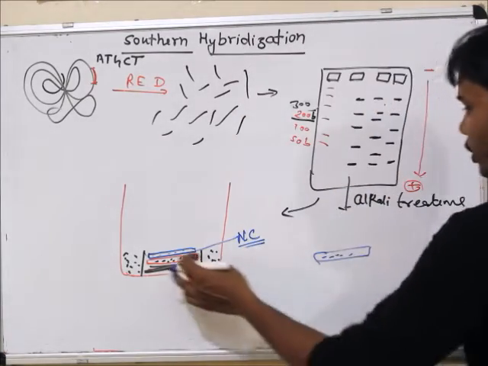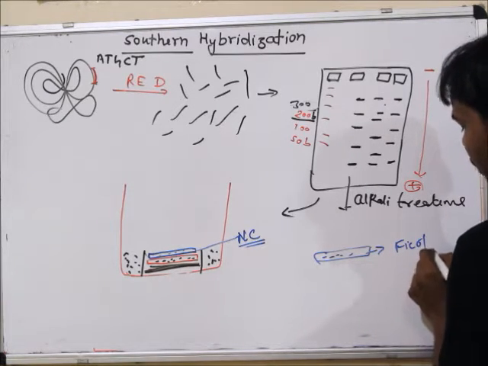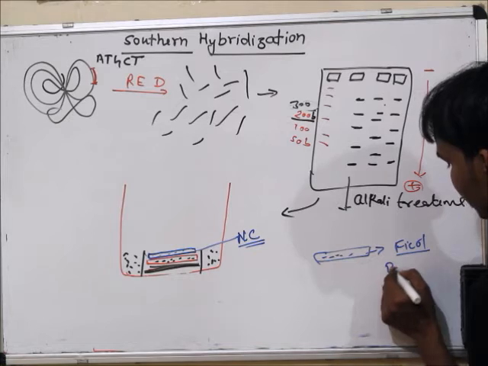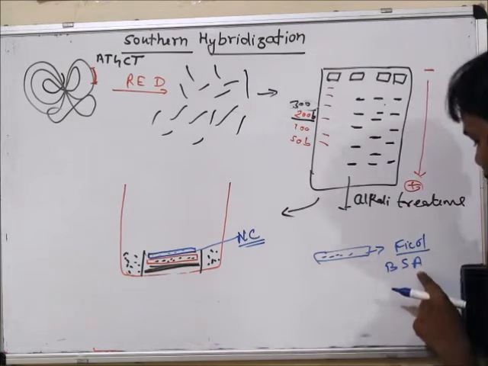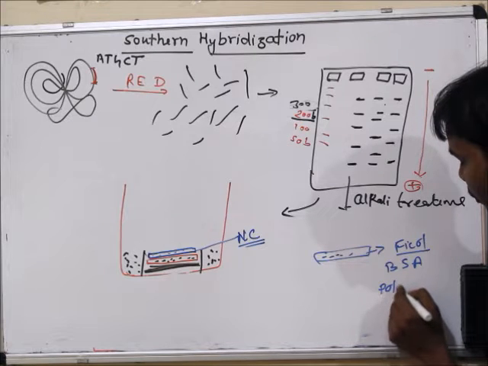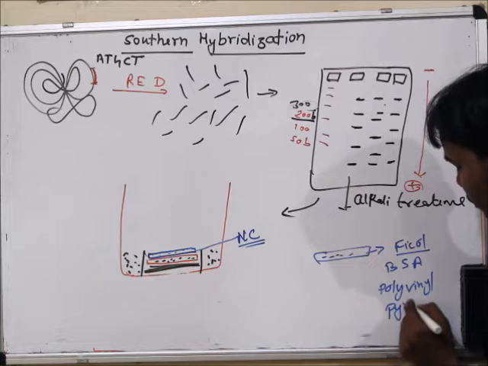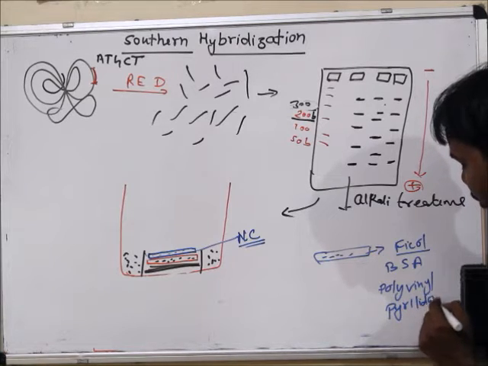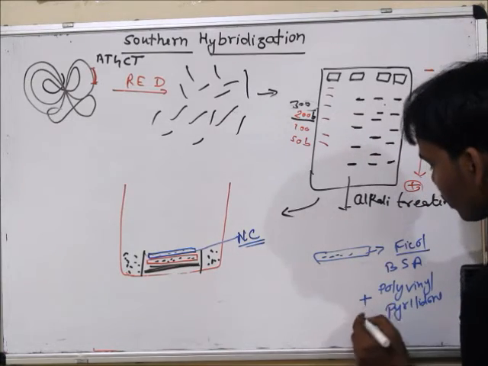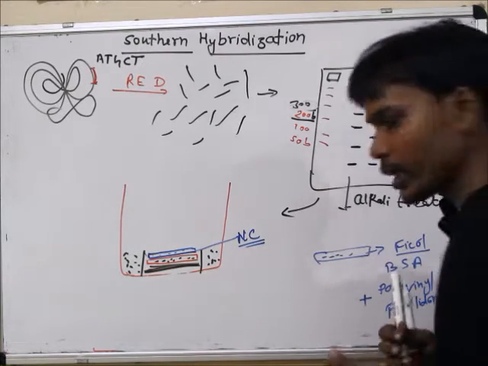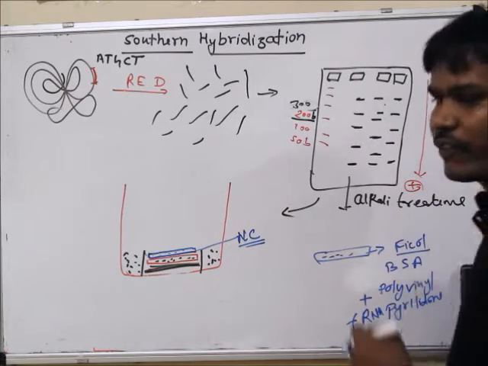So this nitrocellulose paper is treated with Ficoll, bovine serum albumin (BSA), polyvinylpyrrolidone, and also heterologous tRNA. Why is the tRNA required?